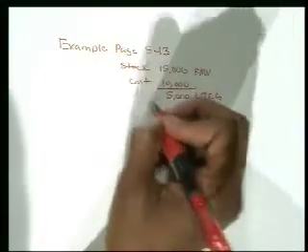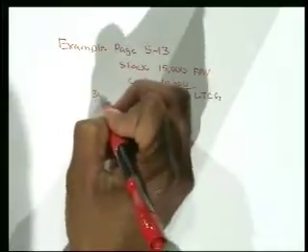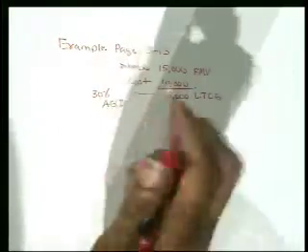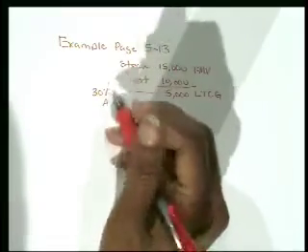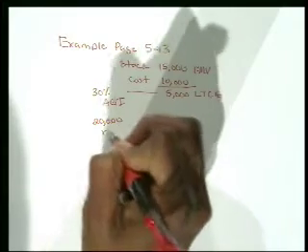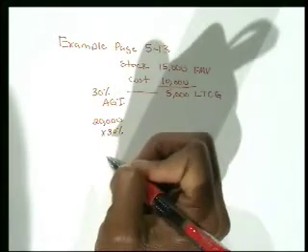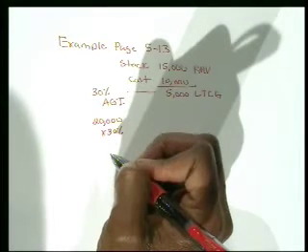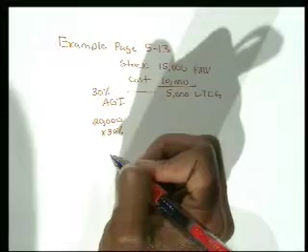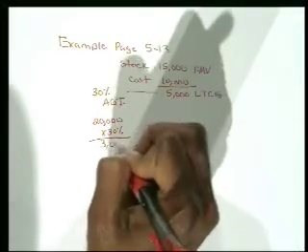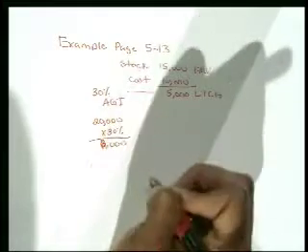This stock would be limited to 30% of her AGI. Carol's AGI is $20,000. Okay? So 30% of her AGI is $6,000.